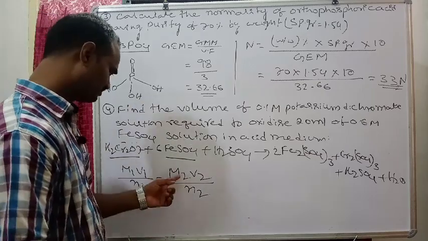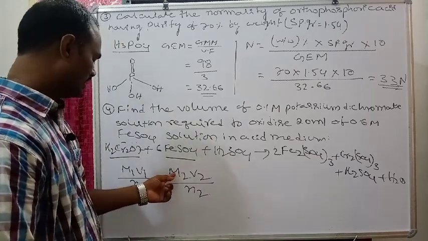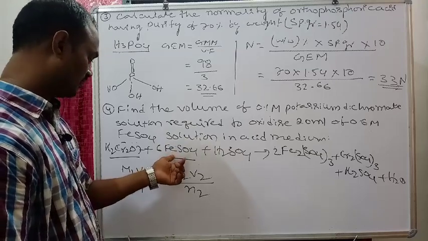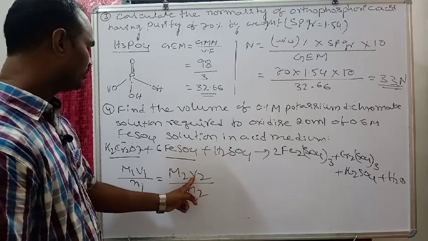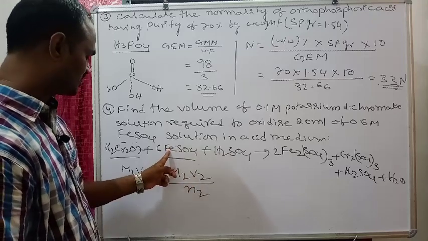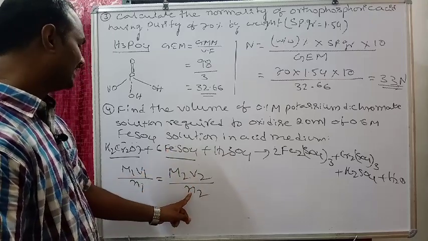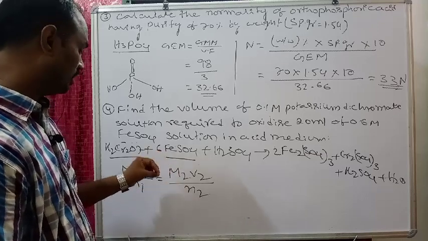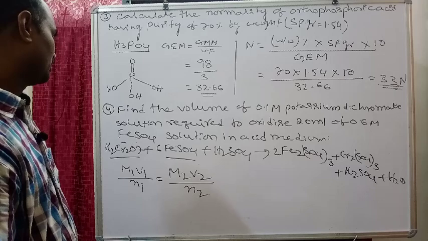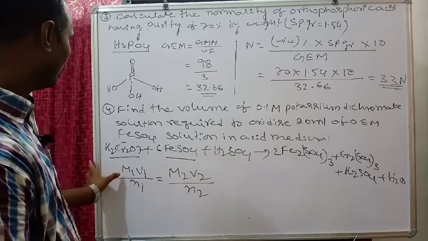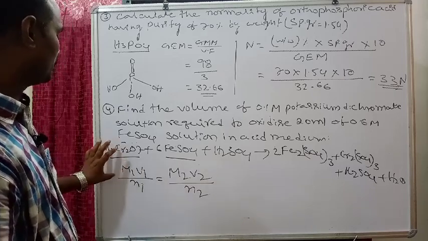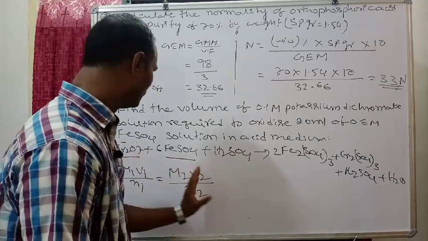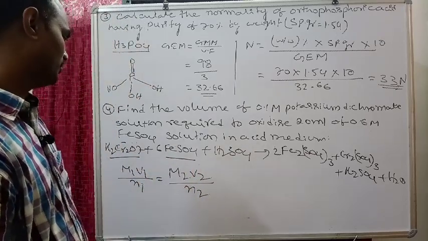Come to here, M2 is the molarity of ferrous sulfate, V2 the volume of ferrous sulfate solution, N2 the number of moles of ferrous sulfate involved in this reaction. These are all potassium dichromate related values, and these belong to FeSO4.